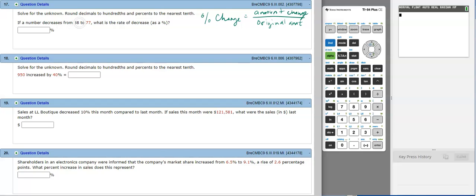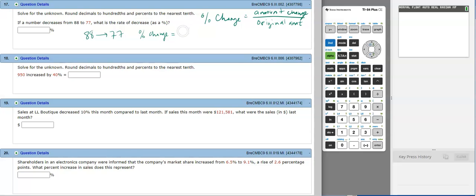A number is decreasing from 88 to 77. So it's going from 88 to the number 77. Which means the original amount is 88 and then it's becoming 77. And so the percent change over here, you notice we don't have to worry about necessarily if it's increase or decrease with this one. The amount of the change should always just be some positive amount.